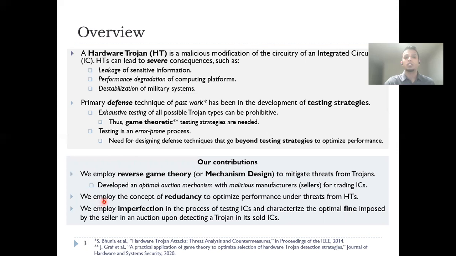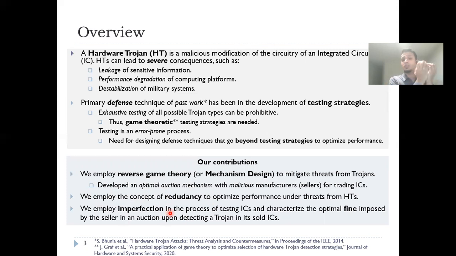Second, we also employ the concept of redundancy to optimize the performance in the auction under such hardware Trojan threats. Thirdly, we also encounter the imperfection in the process of testing ICs.